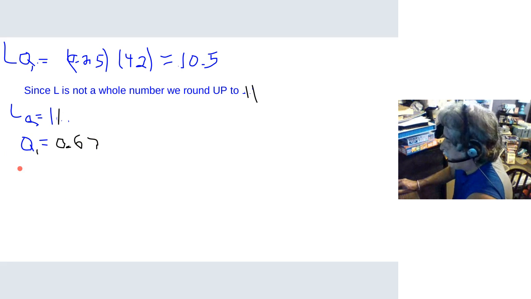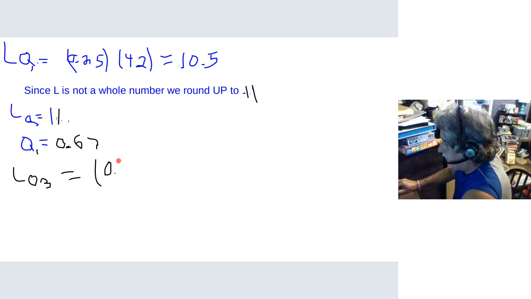So now the position of Q3. Instead of using 0.25, we're going to use 0.75 because the third quartile is essentially the 75th percentile.